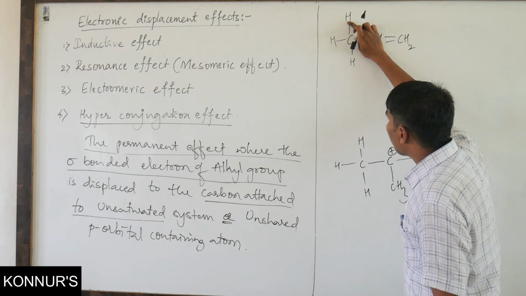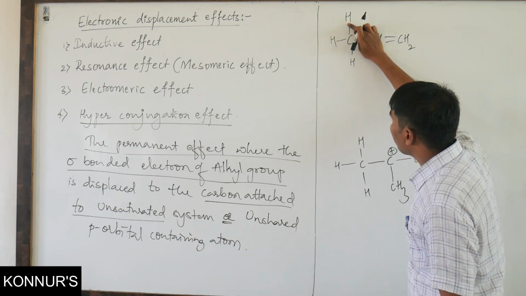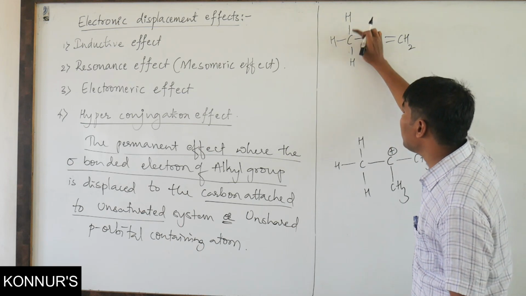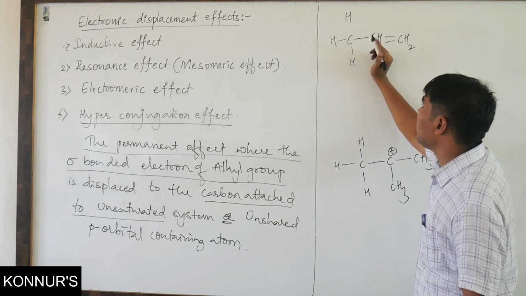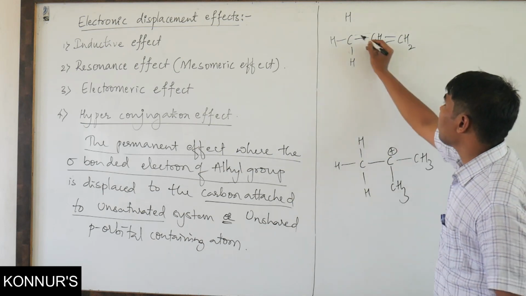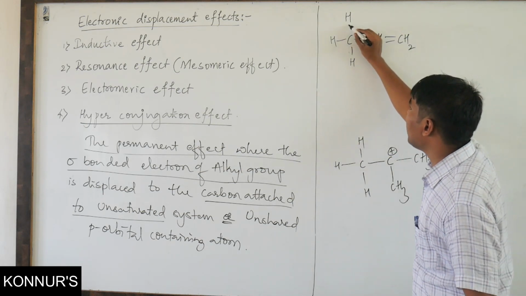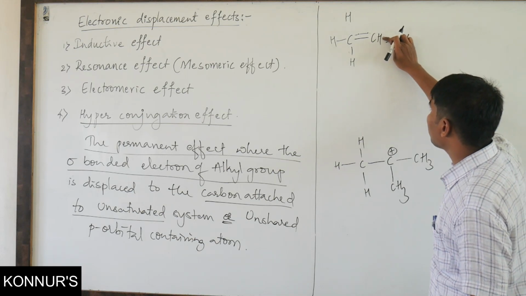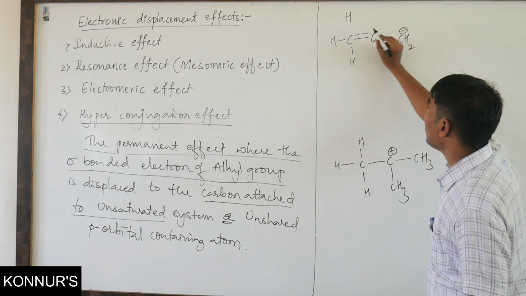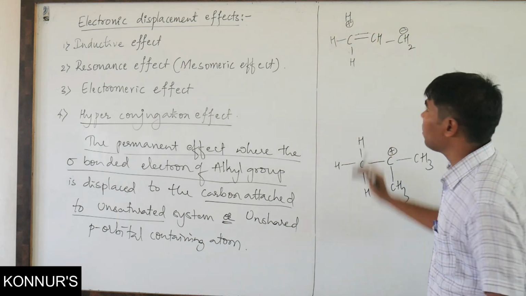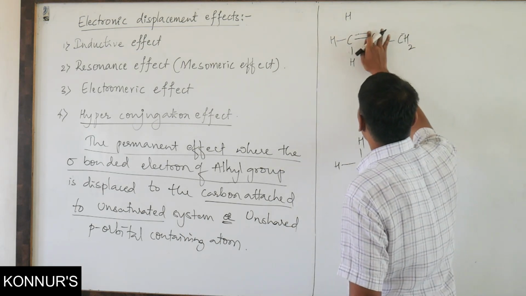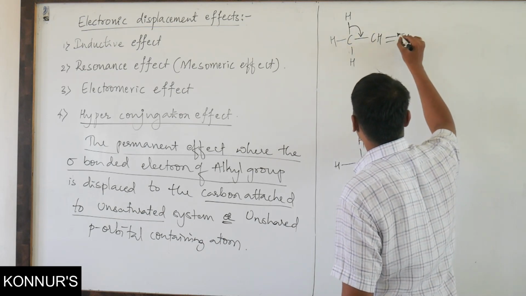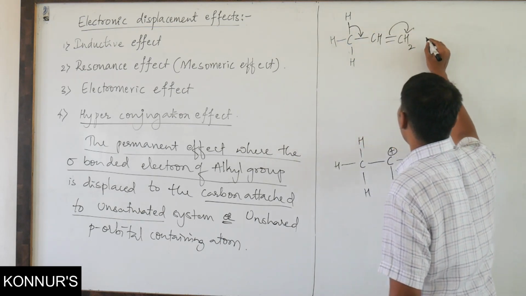So this allylic carbon loses the bond, or it displaces the electrons between this carbon and hydrogen here. So the carbon retains its electron, the hydrogen electron comes here, and this pi bond shifts on this carbon, which gets a negative charge, and this gets a positive charge, like this one I will show. Here the sigma bonded electrons are shifted here, and this pi bond was there, and this is shifted here.